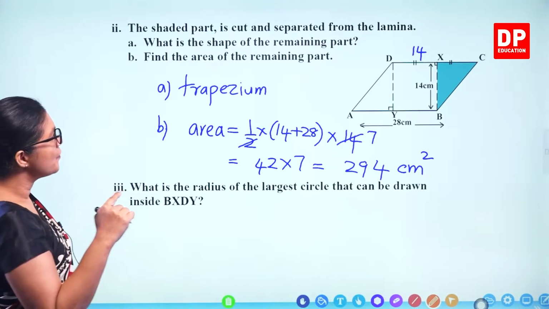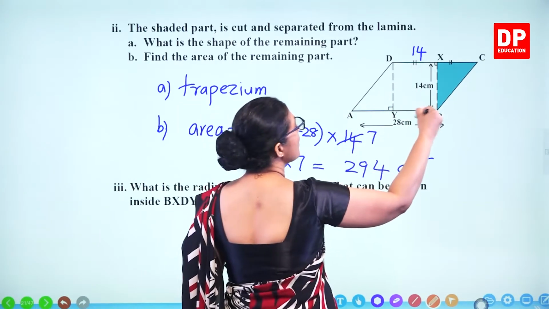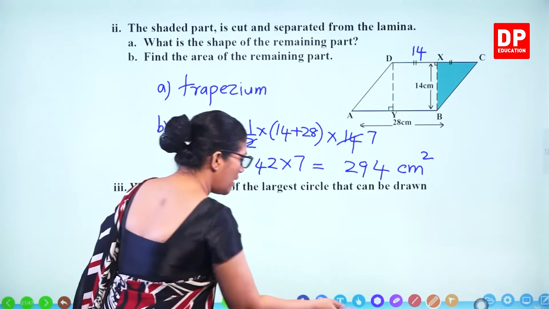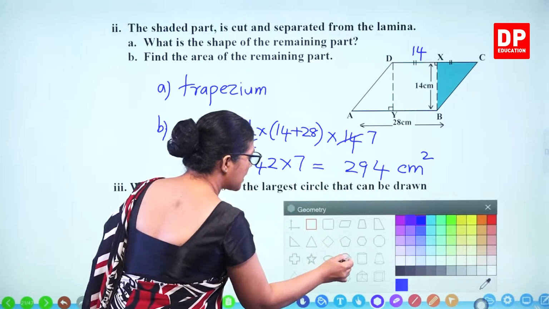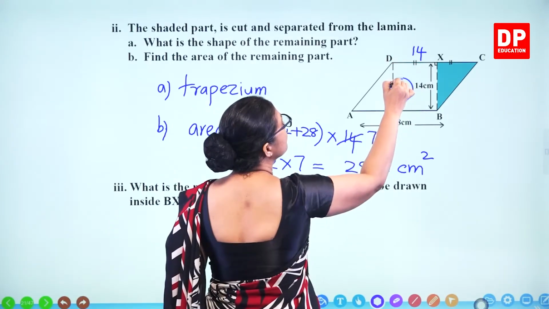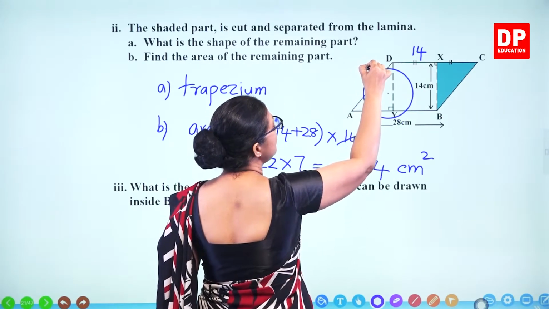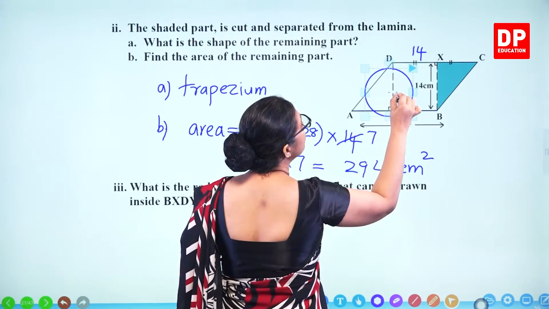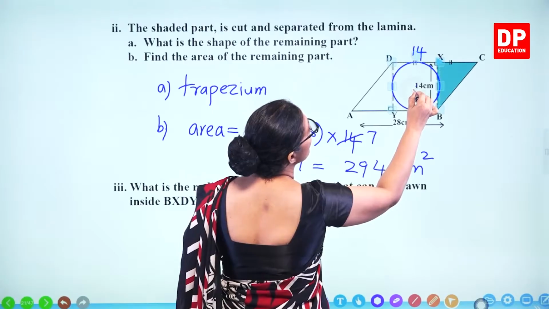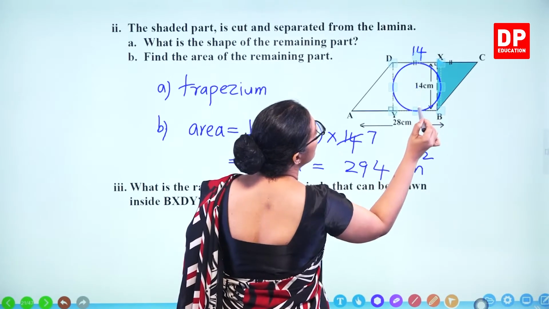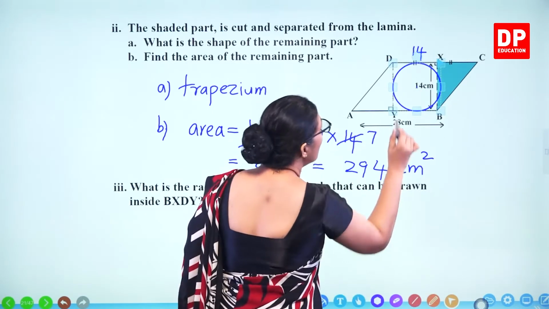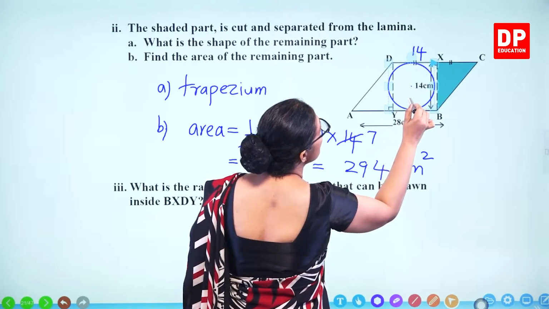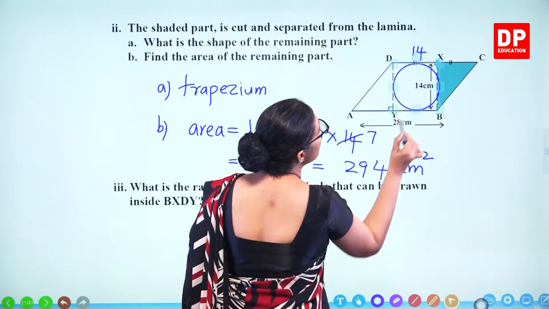BXDY? So, here. Now, this length is 14, this length is 14, that's a square. So, we can fit one circle exactly.